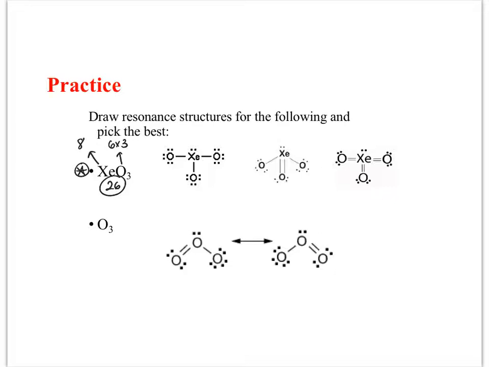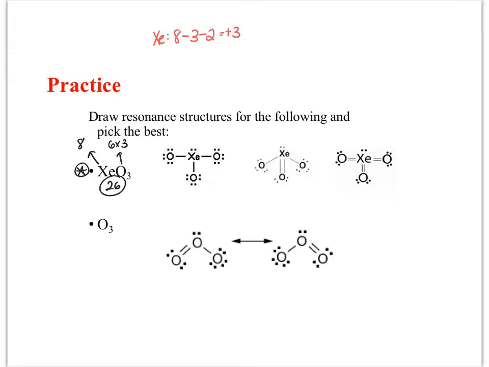Now, in just looking at these structures, I would hope that you'd pick the one that looks the nicest, because appearances are everything. But if we look at formal charge, look at the first example. Xenon: 8 valence electrons, minus 3 bonds, minus 2 dots. So that's a +3 formal charge.